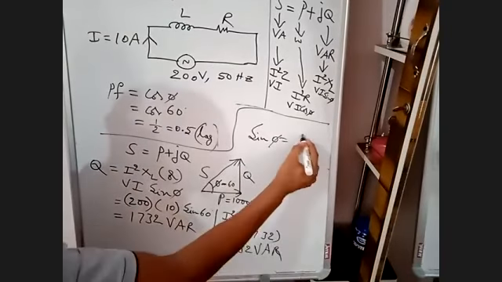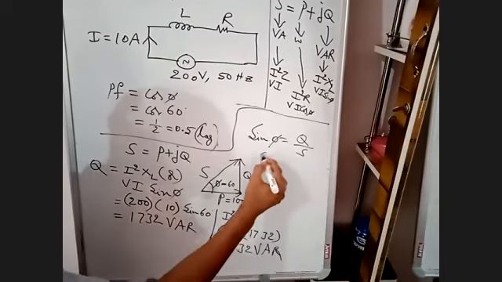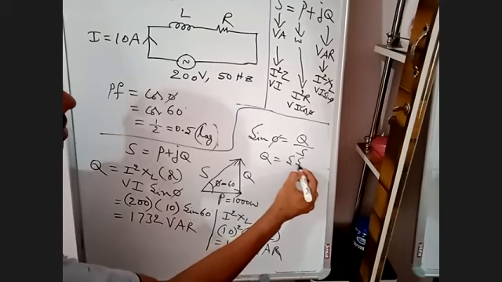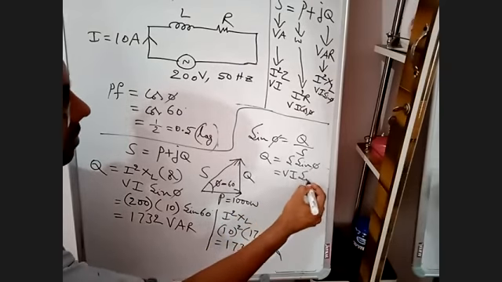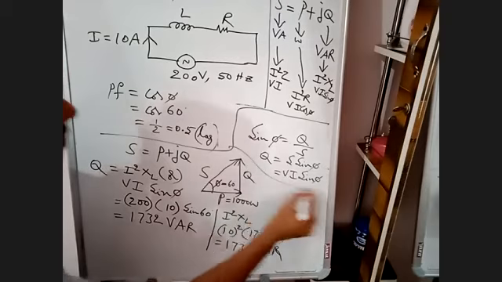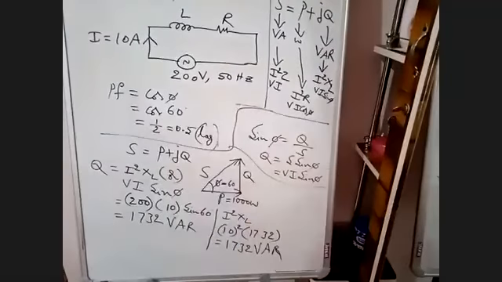Sin phi is equal to Q by S. Q is equal to S into sin phi. But S is VI. Same formula we have calculated. Formula for S is VI.